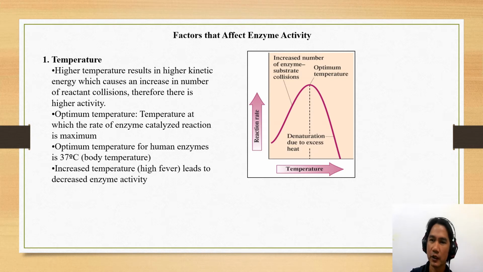As you can see in this graph, as the temperature increases, the reaction rate of the enzyme also increases until it reaches its optimum temperature, where the reaction rate is at maximum.